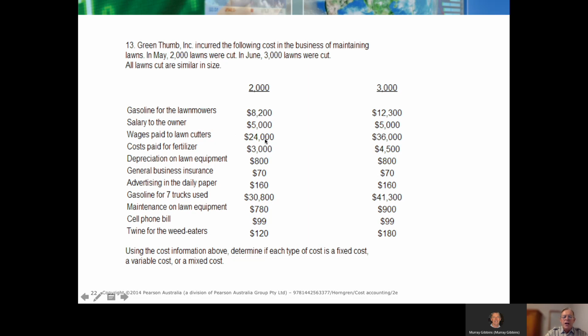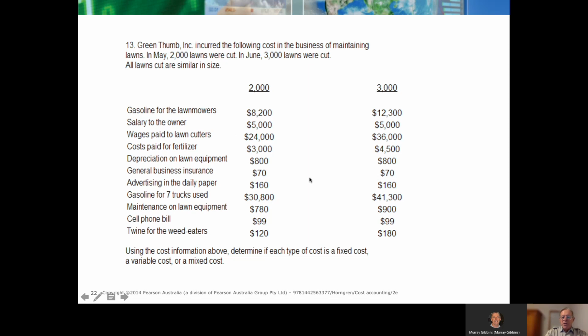So let's have a look at a fully variable cost, 24,000 divided by 2,000. We've got $12 per lawn at this rate. Let's do the same here. 36 divided by 3 is $12 per lawn. So the wages paid to lawn cutters is totally a variable cost.